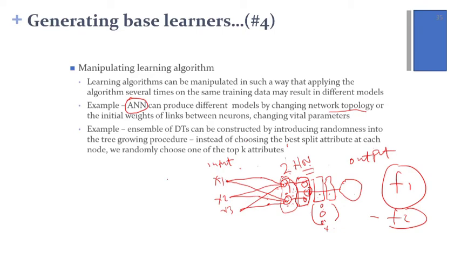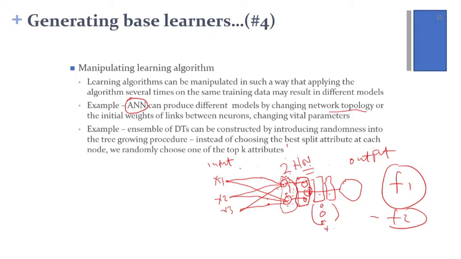When you change the topology of a machine learning algorithm, it produces a totally new hypothesis function, which is the idea of building an ensemble. We want the base learners to be as different as possible, either by resampling, or by manipulating the input features, or by manipulating the target class.